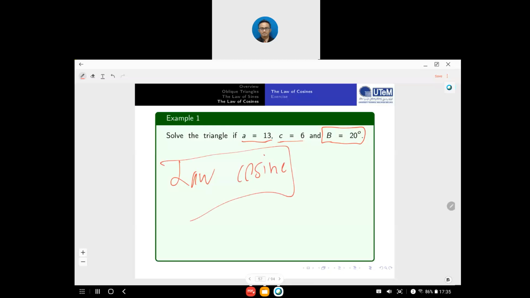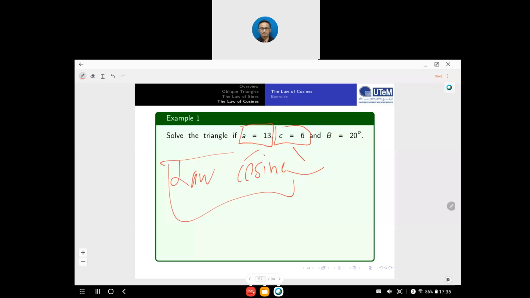Okay. How do we know whether we want to use the law of cosine or the law of sine? In order to use the law of sine, when you want to use it, make sure the angle given is opposite to one of the lengths given. If you look at the earlier question, okay? But right now, the angle given is not opposite to the length.